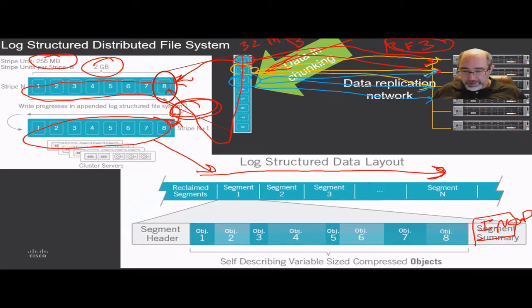So if, let's say, you wrote a file to the disk, and then you overwrote that with some changes, those changes are then appended to that stripe of disk, and the data that's no longer needed is then marked as defunct, right?